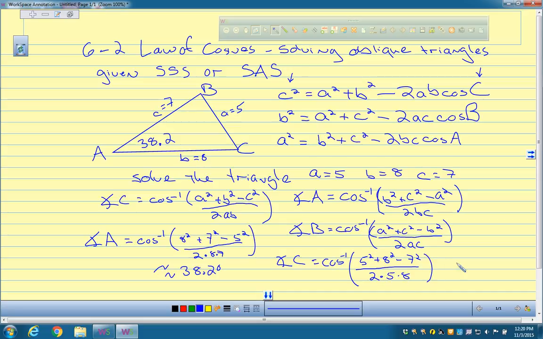And if I did that, I get that angle C is about 60 degrees. Okay? So angle C is approximately 60 degrees. And then I can just subtract from 180, and I find out that this angle is like, what does it come out to be?